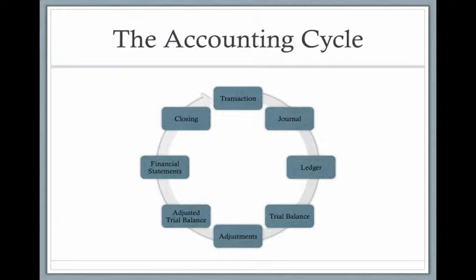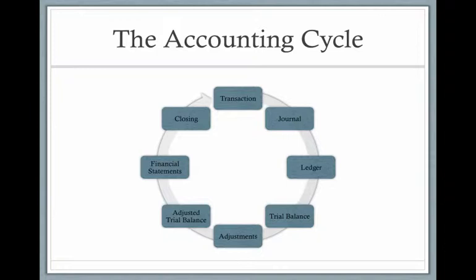Once we've recorded it in chronological order, we post the transaction into the ledger in account order, in other words, by classification, so that we can take all the transactions for the period and summarize them to identify how they have affected the accounting equation in total.